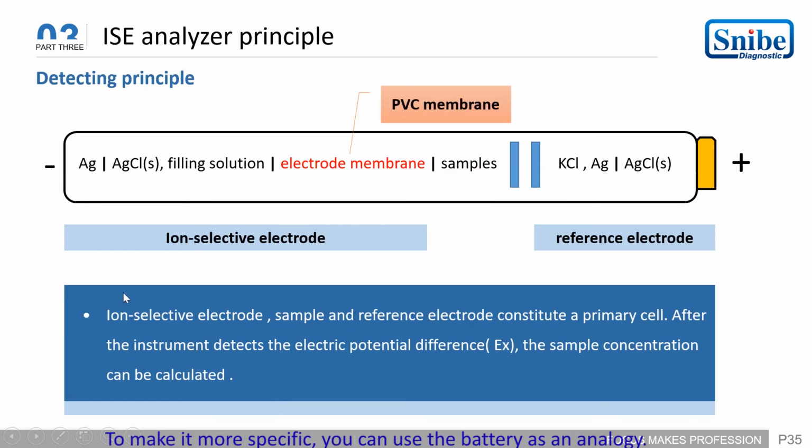To make it more specific, you can use the battery as an analogy. Ion selective electrode, sample and reference electrode constitute a primary cell.